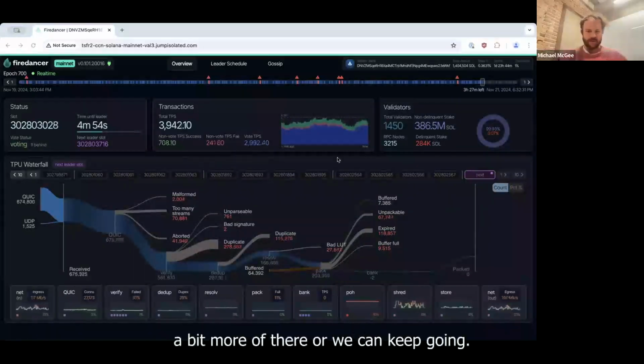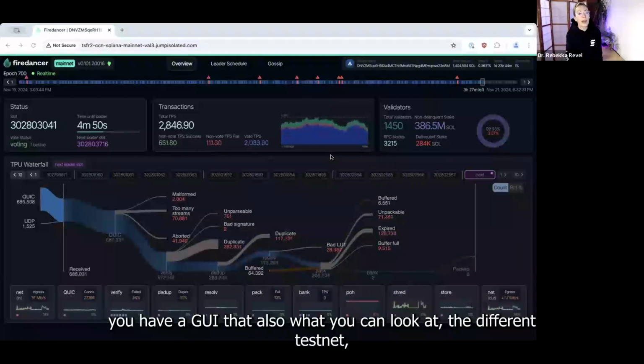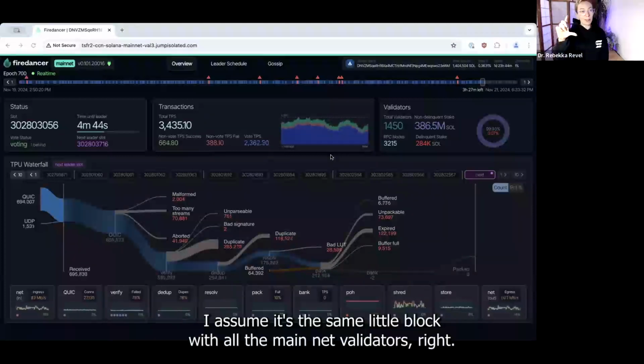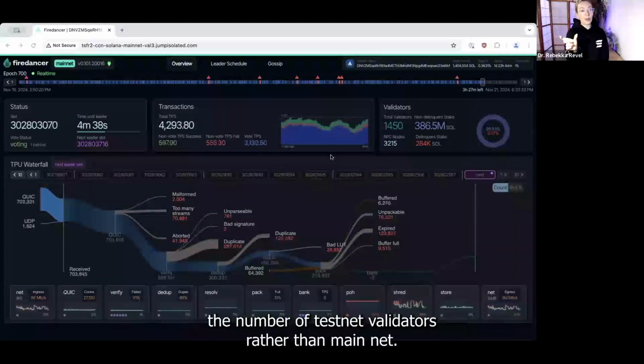Is there anything you want to cover a bit more there, or can we keep going? No, I think it's good. Although I did have a question, because do you have a GUI where you can also look at the different testnets? I assume it's the same little block with all the mainnet validators, right? Or when you switch into the testnet, does it actually say the number of testnet validators rather than mainnet?